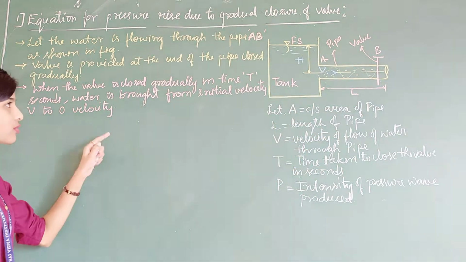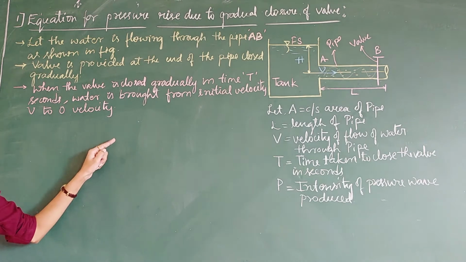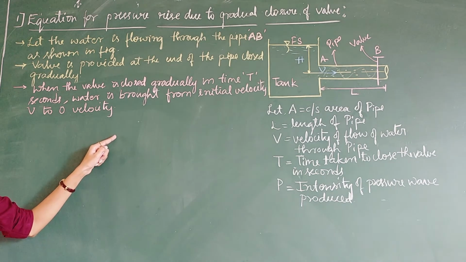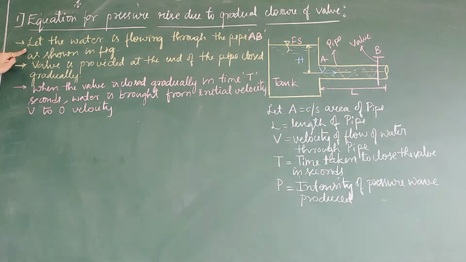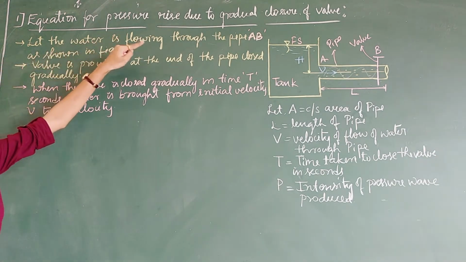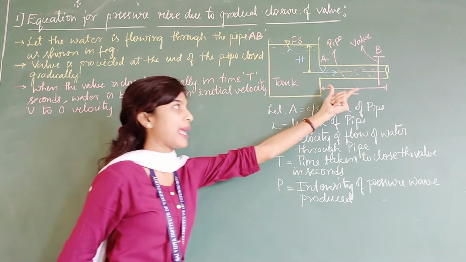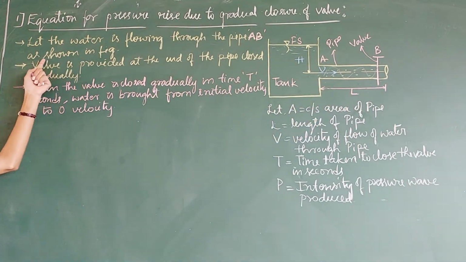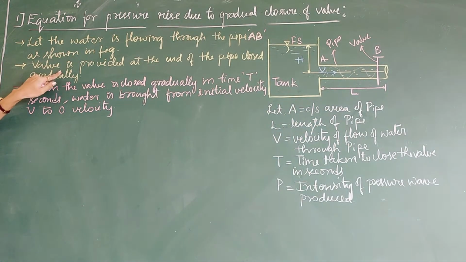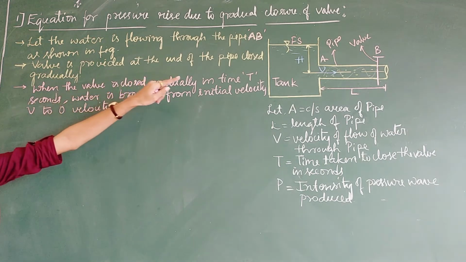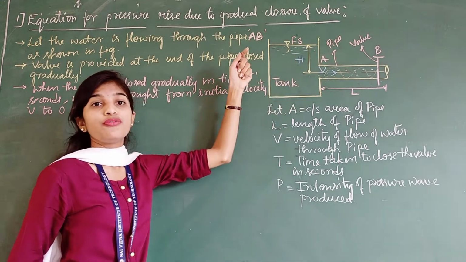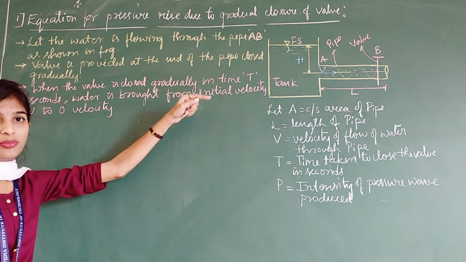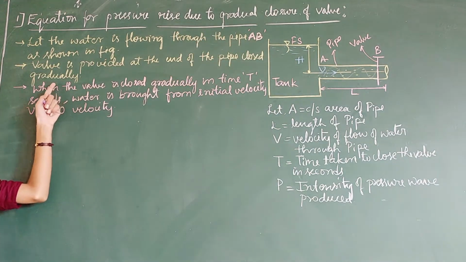We are going to determine the pressure increase due to the closure of the valve. We have considered water flowing through the pipe AB as you see in the figure, and the valve provided at end B is closed gradually, meaning slowly.